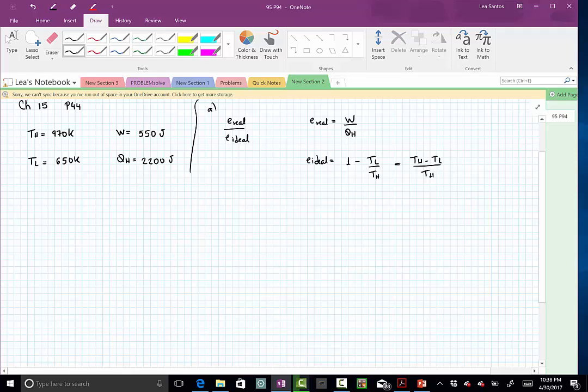Remember, for the ideal, we deal with the temperatures, while for the real, we deal with the heats and the work. The ideal doesn't exist in nature. It's the maximum possible efficiency that we could get. So that's how we're going to find this ratio.